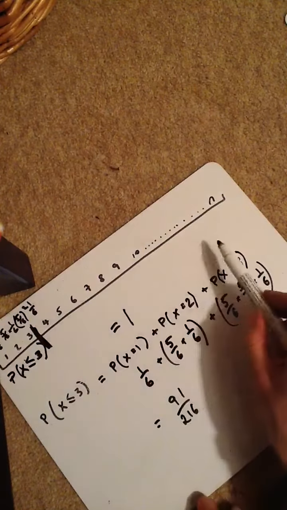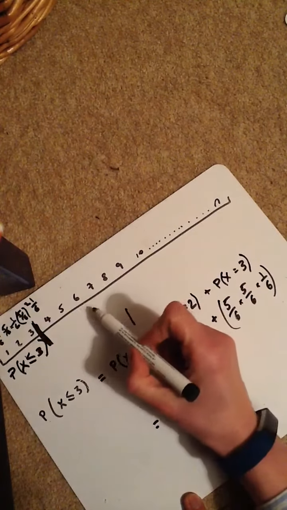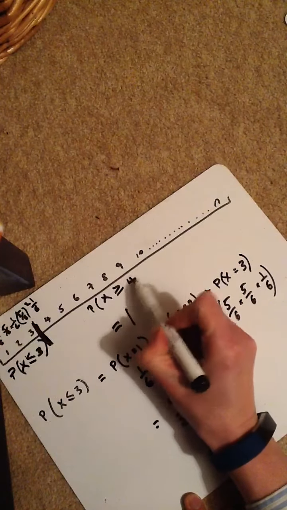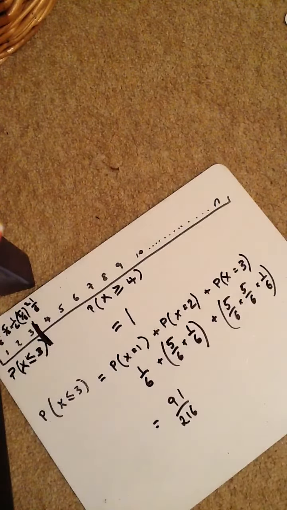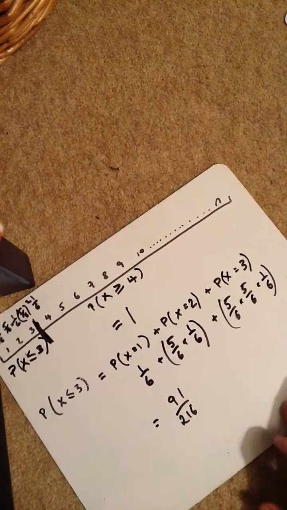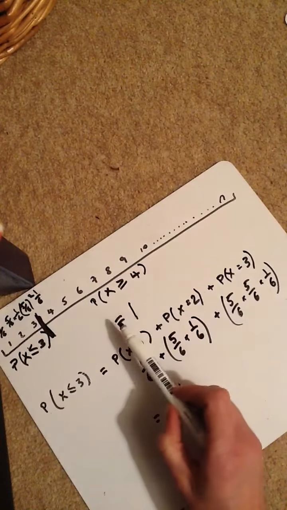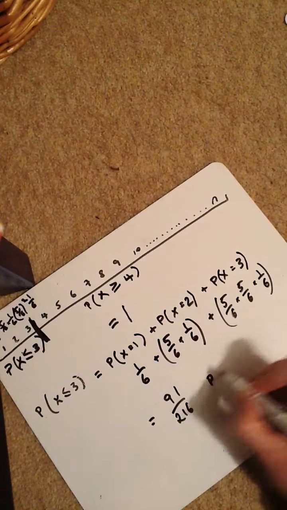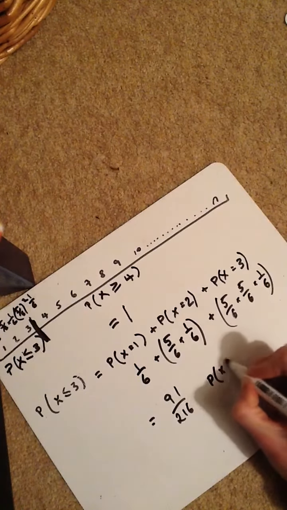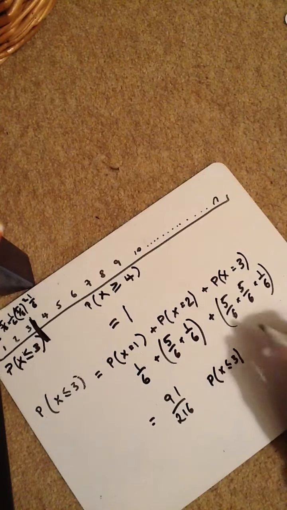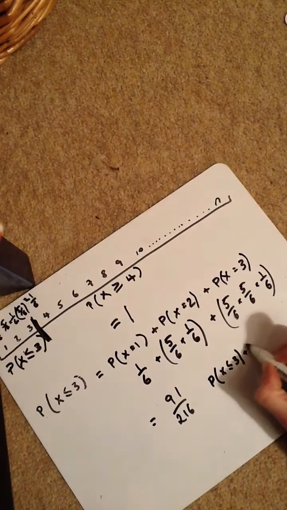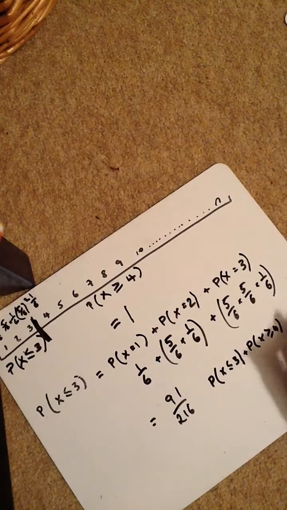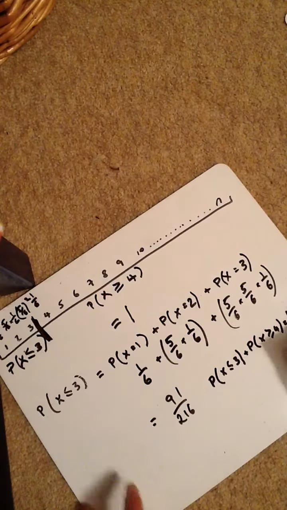Everything to the right of that must therefore be the probability that it takes me 4 or more attempts to roll a 6. So because they all add up to 1, I can say that the probability that x is less than or equal to 3 plus the probability that x is greater than or equal to 4 must equal 1.